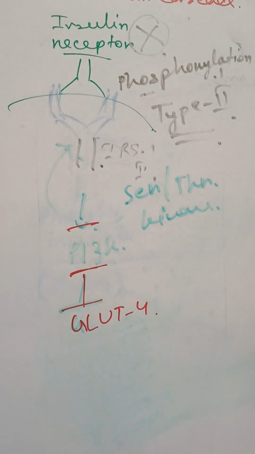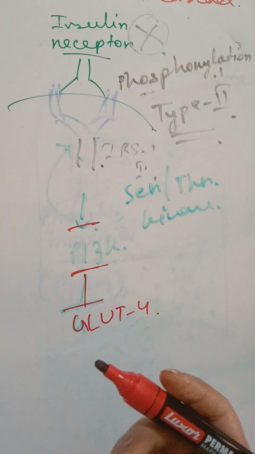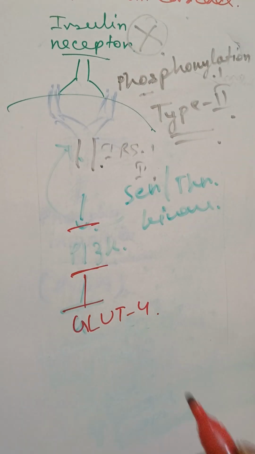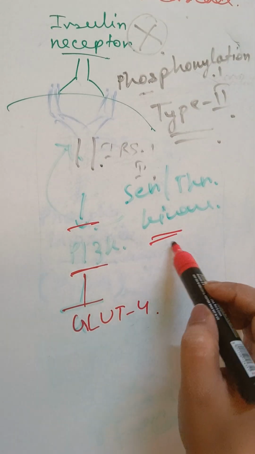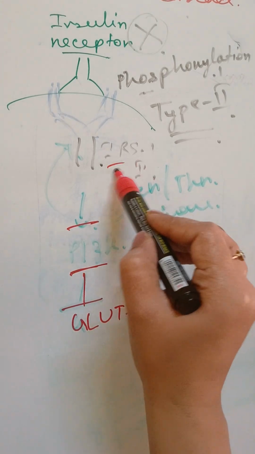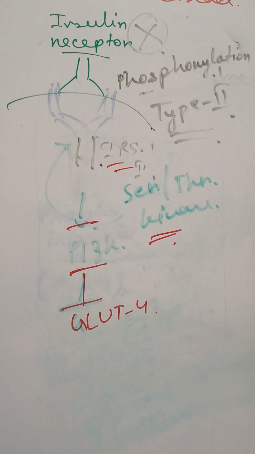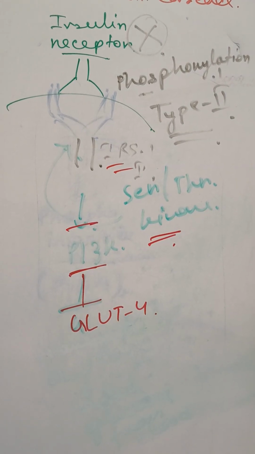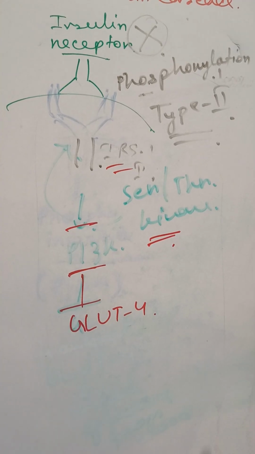Okay, as it increases, the fatty acids and acetyl CoA generally activate this serine threonine kinase, which will in turn activate IRS 1 and 2, not at their conventional tyrosine residues but at their serine threonine residues.